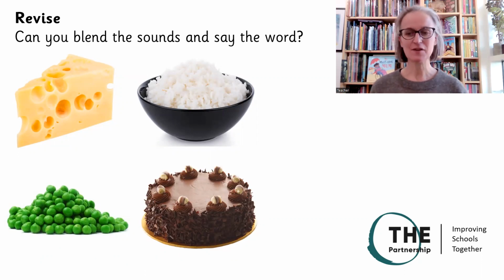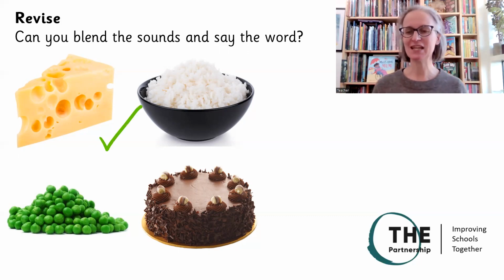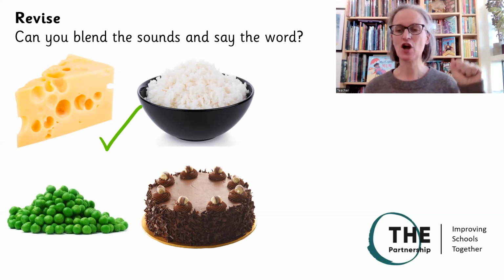Great. So I'm going to segment the sounds of one of these foods, and you are going to blend the sounds together to tell me which food it was. Here we go then. Ch, e, s. Correct. Cheese. Blend the sounds.